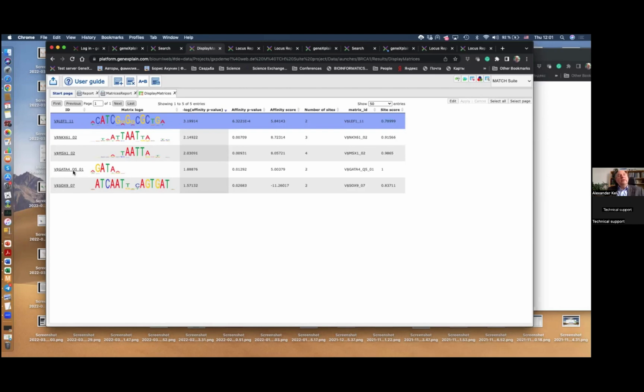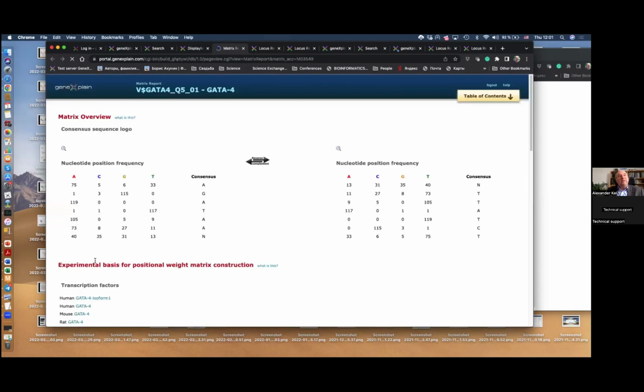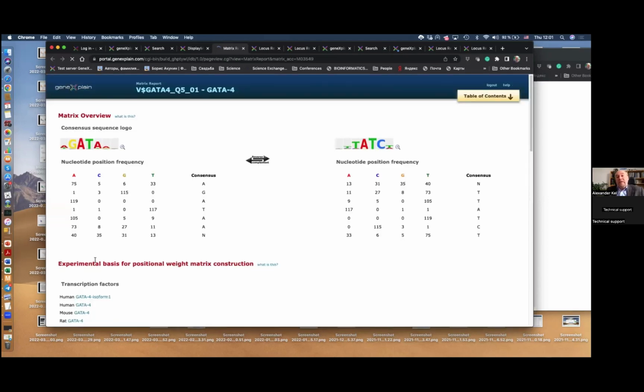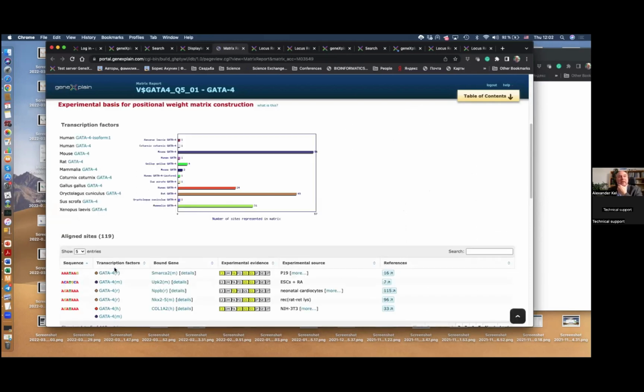And what does this Q5 mean? This means the matrix was built by ourselves, by our team. To build this matrix, we used experimental binding sites with quality 5, and quality 5 basically means all sites. Experimental binding sites have different qualities, which we assigned based on experimental evidence.